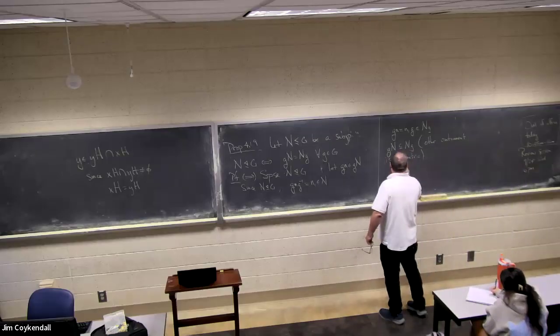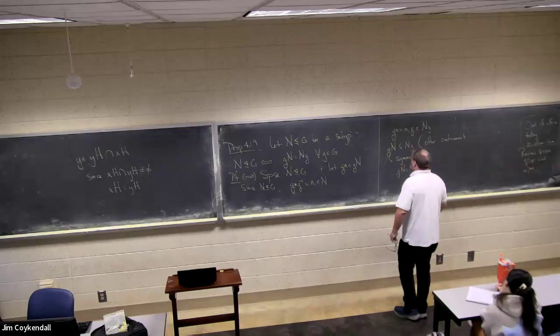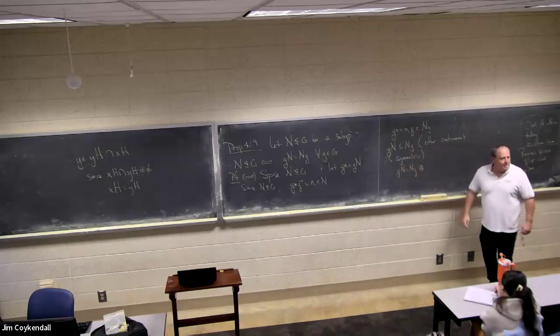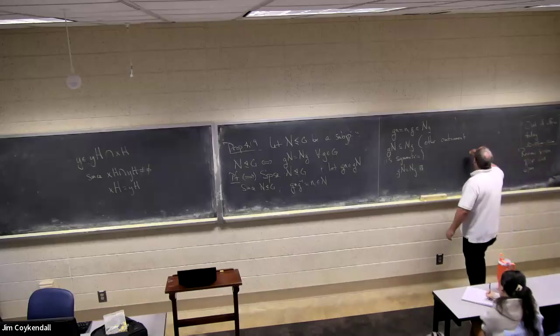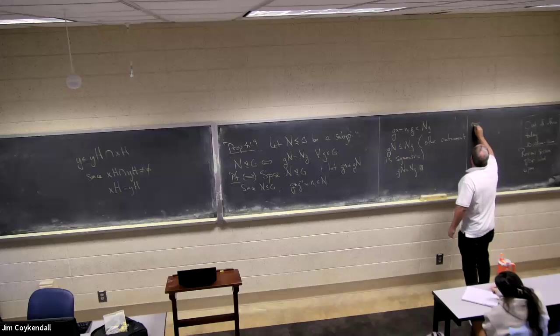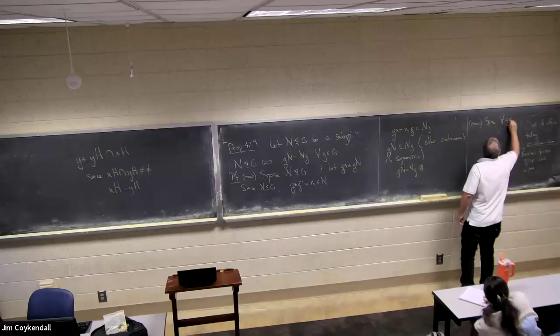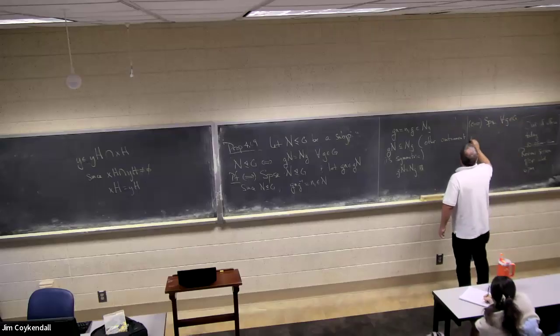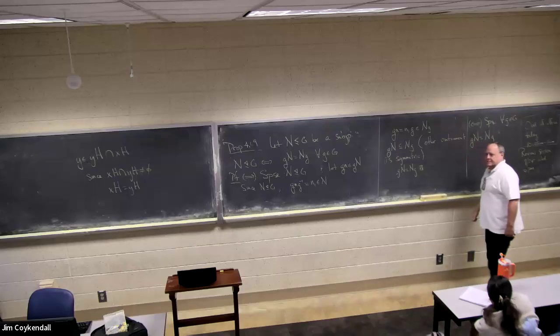So I get Ng is in gN. Okay, how about the other direction? Let's suppose now that for all g in G, gN is in Ng.